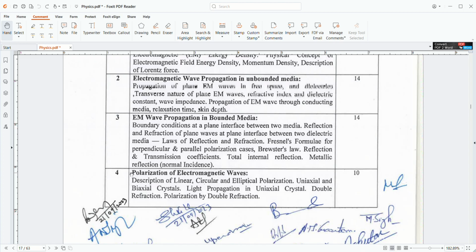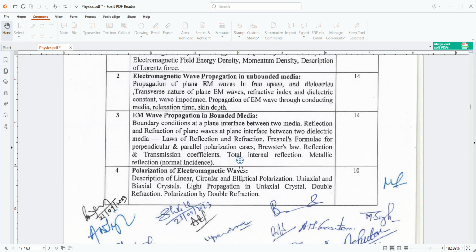So chapter 3 finishes, and chapter 4 comes: polarization of EM waves, description of linear, circular and elliptical polarization, uniaxial and biaxial crystals, light propagation in a uniaxial crystal, double refraction, polarization by double refraction.